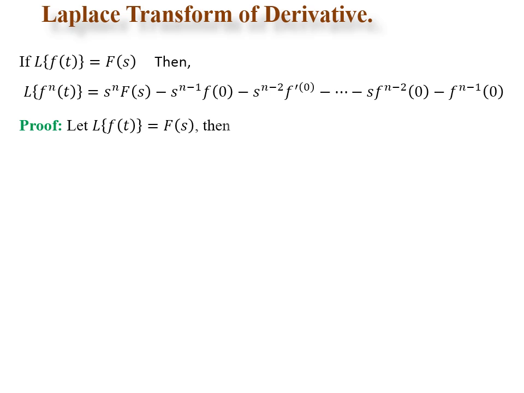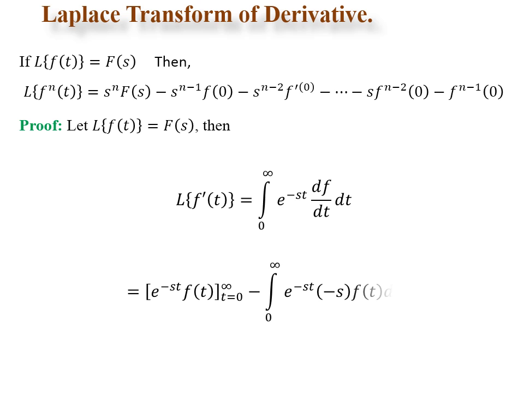So come to the proof of this property of Laplace transformation. Laplace of f(t) is F(s). So in place of f(t), if we put f'(t), then by the definition of Laplace transformation it will be 0 to infinity e to the power minus st df upon dt dt. So it is e to the power minus st f(t). Here we have used integration by parts.